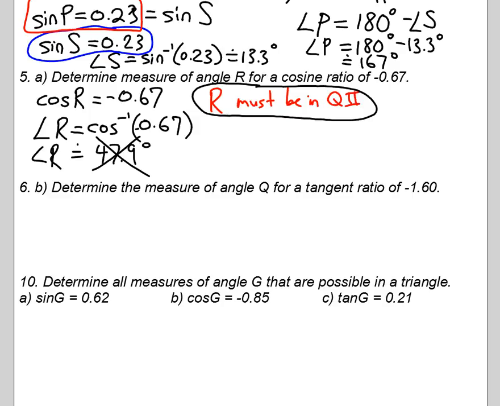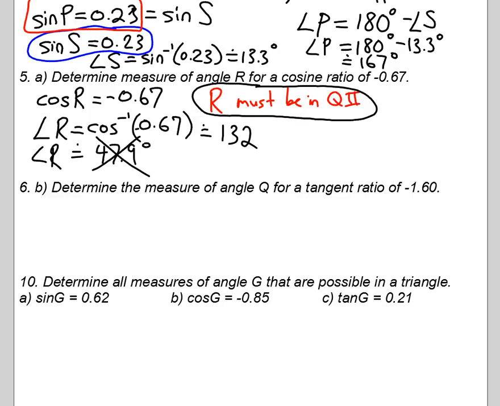Let's try this calculation again. Inverse cosine of negative 0.67 gives us 132.1 degrees, but rounding to the nearest degree, 132. Fortunately, no special adjustment is needed. This is an obtuse angle. It is in quadrant 2. It fits with the question.